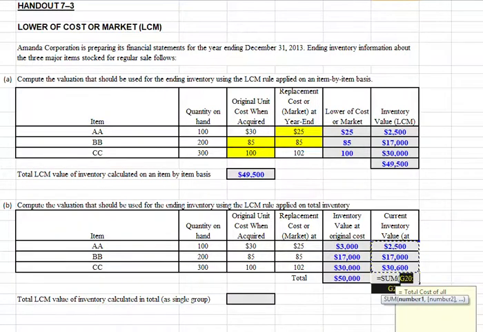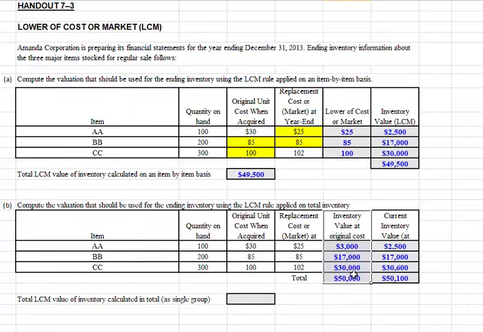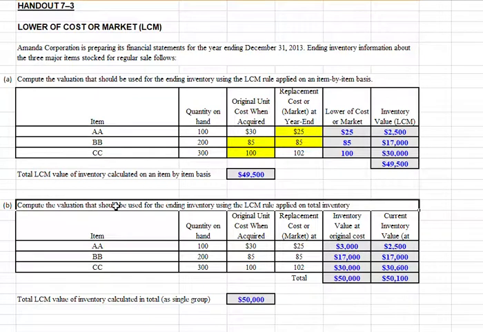On a lower of cost or market basis, we would value our inventory at 50,100. The lower of those two is the 50,000 original cost. So we would not have a write down in our inventory to lower of cost or market if we apply the rule on the inventory as a whole.